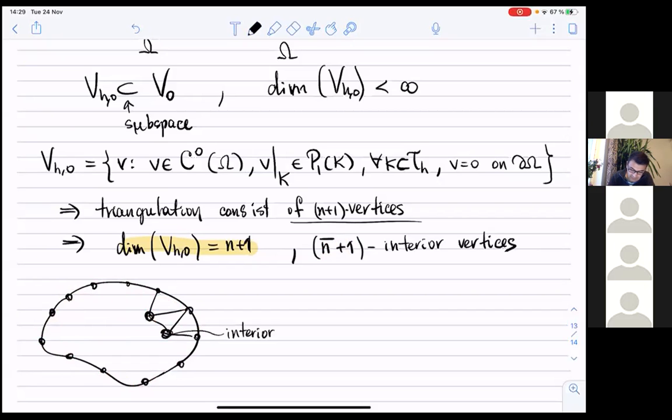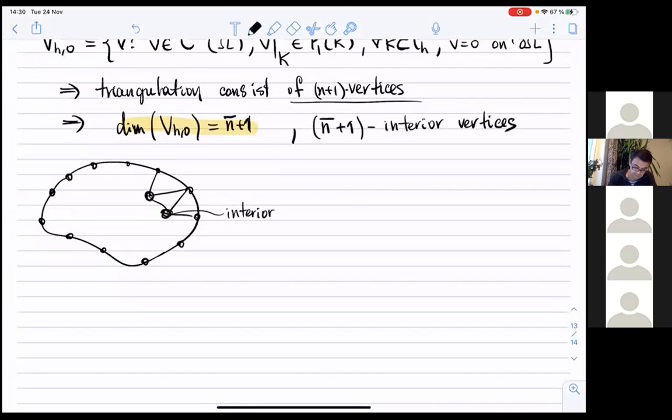Because of this, the dimension of this space VH0, of course, the dimension of the VH that we constructed yesterday is n plus 1, because we include also the boundary points. But here we are just counting the interior points, and these are degrees of freedom of the space, because these are coefficients that we have to find to construct any element from that space.